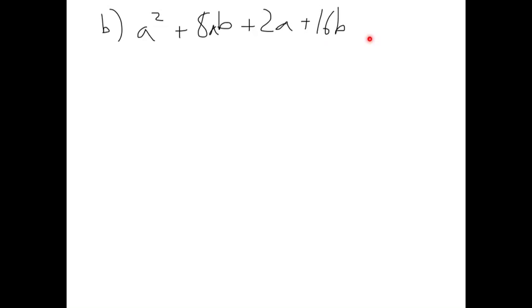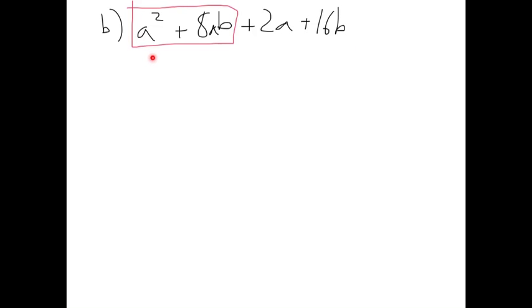Looking at just these front two terms, ignoring everything else after that, what is the greatest common factor out of that pair? Just A. So I'm going to factor an A out of only that pair. Notice everything doesn't divide by A. If it did, the problem would be a lot easier.